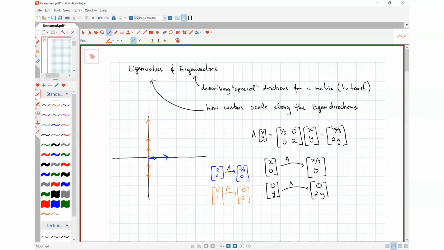If I started with 0, minus 2, the result would be 0, minus 4, and so on, right? Things are just stretching, stretching, stretching out along that direction. If I started with minus 1, I would get minus 3. If I started off with a vector 3, 0, I would get the vector 1, 0, and so on, right?